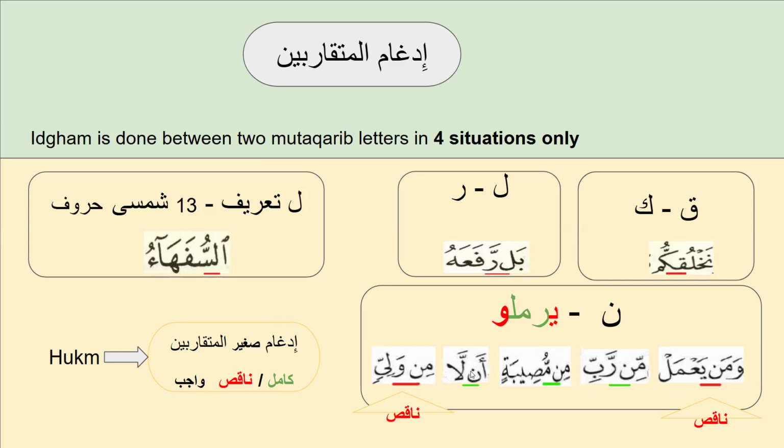Allah, complete merging. Min waliyin, incomplete merging. Waw is not carrying a shadda. So we have noon into the ya and noon into the waw as naqis idgham. For all these 3 places, we have a kamil idgham done here.